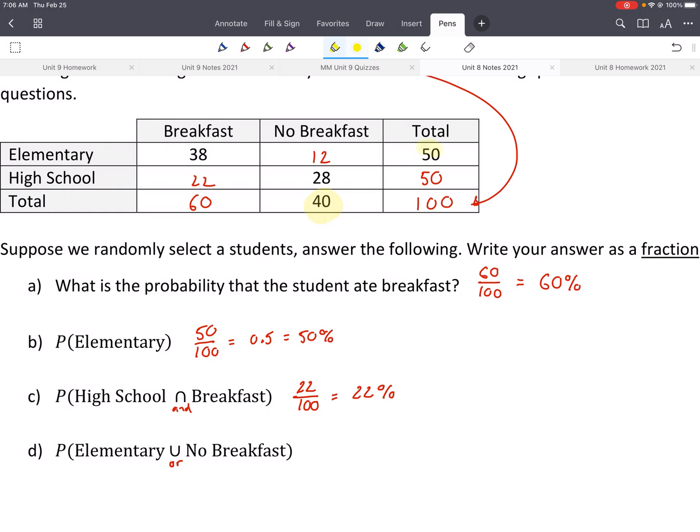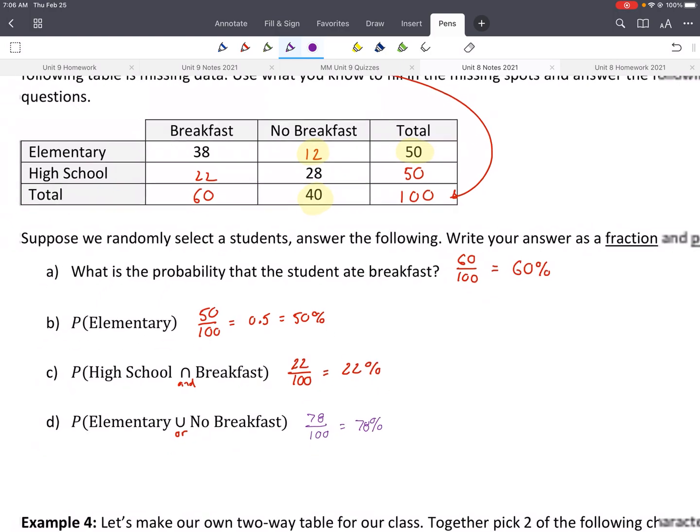We have all of the elementaries, but we need to subtract 12 because we don't want to double count those elementaries that don't have breakfast. So we add 50 plus 40 gives you 90, and then we'll subtract 12. So that will give you 78, if I did that right, or 78%.